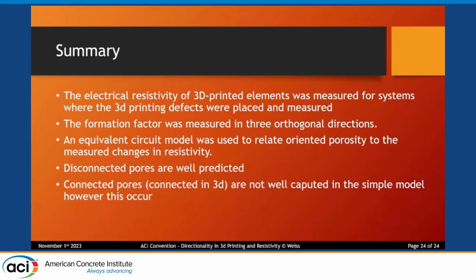What we really are doing well is predicting when we have small disconnected pores. What we're struggling with in that simple model is when we have connected pores in 3 dimensions, and what we're doing currently is essentially introducing a factor to the connectivity, but we'd like to be able to relate that back to the tomographic distribution of those pores, and come up with some simple rules with that.